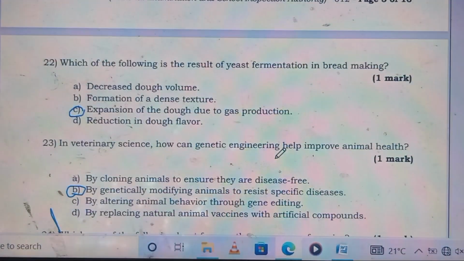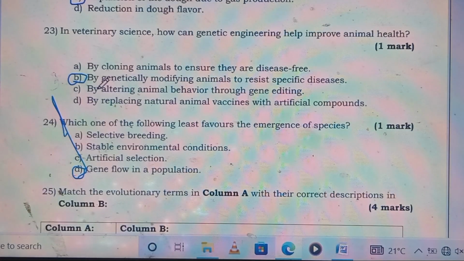Question number 22. Which of the following is the result of yeast fermentation in bread making? Here, the function of yeast is expansion of dough due to gas production, which means it is C.